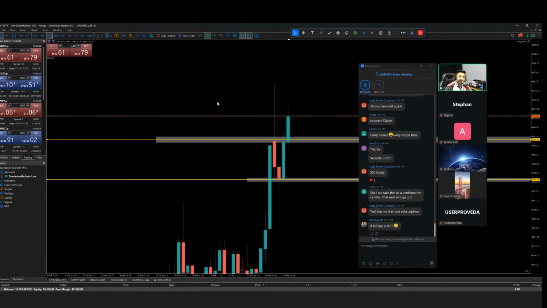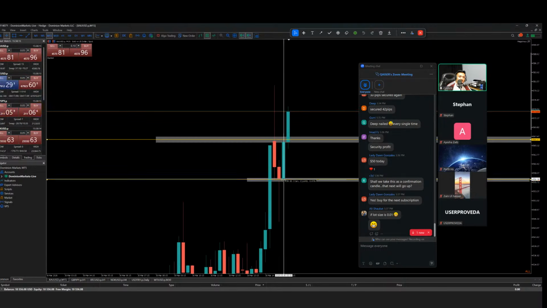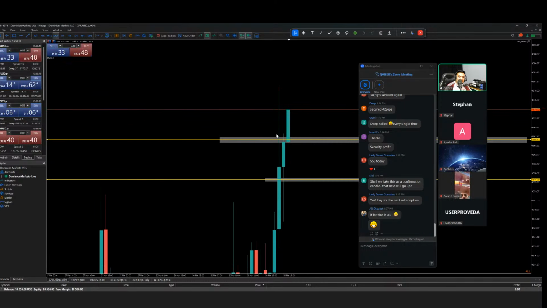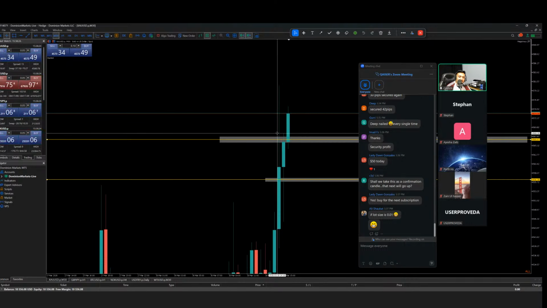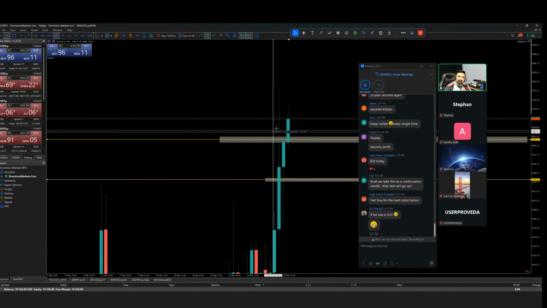Shall we take this as a confirmation candle that next will go up? Which one? This one is an impulse entry. The previous candle doesn't have a bottom wick, having no sellers in it, and the 30-minute closed as an impulse entry with a small body. If it has volume, then it's going to break above the previous candle high. Otherwise it should continue pushing to the downside and should not break above the previous candle high.